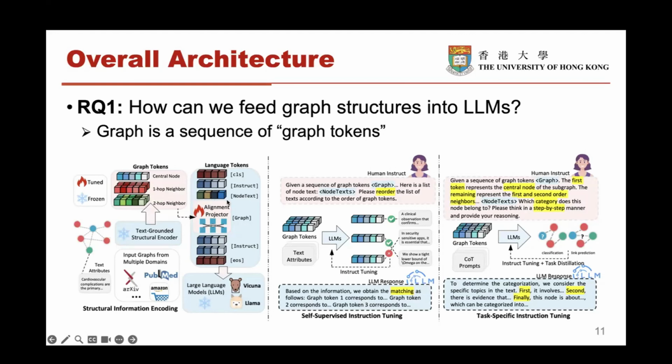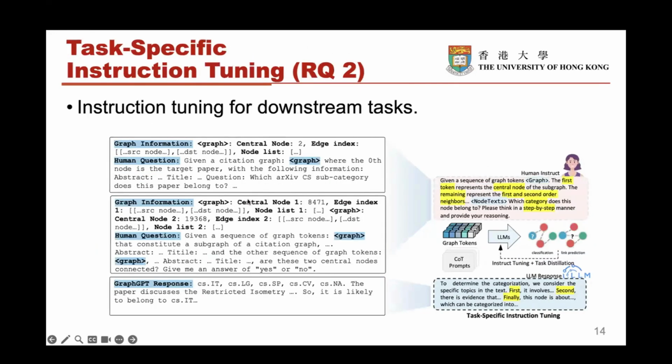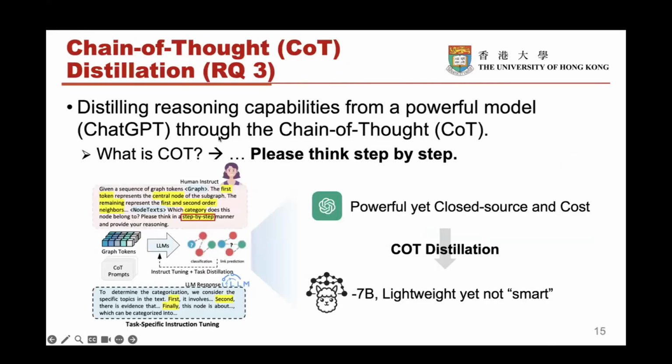I just want to know how you get the training data with the reasoning ability. You may mean the CoT distillation, right? I see. So the reasoning steps are generated by ChatGPT, and then you take it and distill it into your language model. Okay, I see.